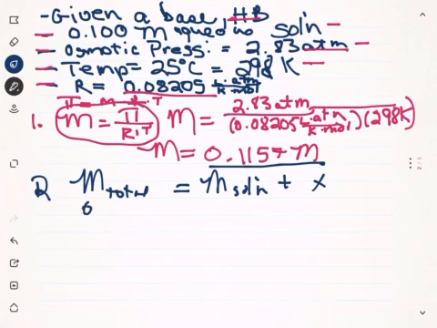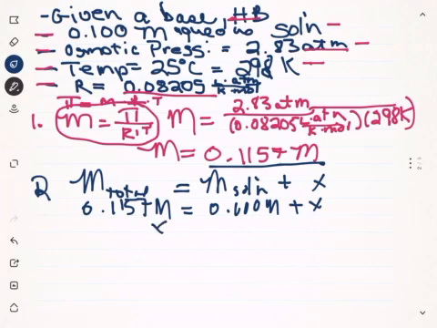So 0.1157 molar equals 0.100 molar plus X equals 0.0157 molar.